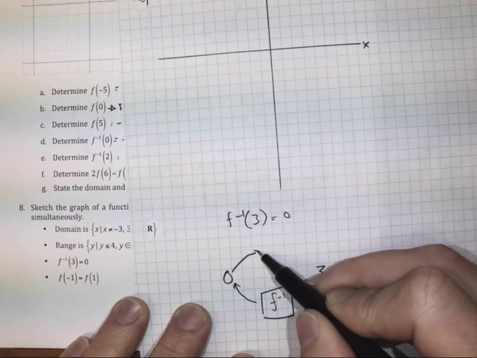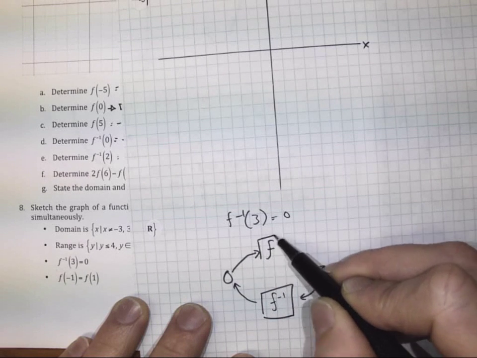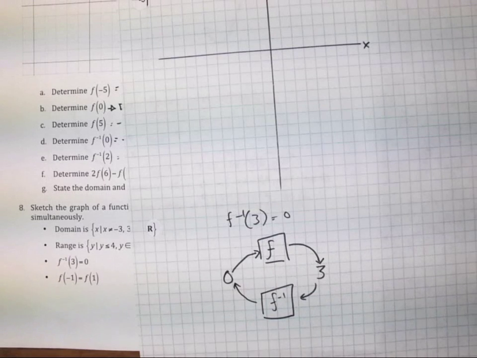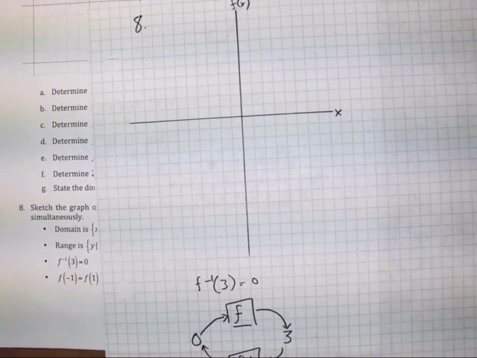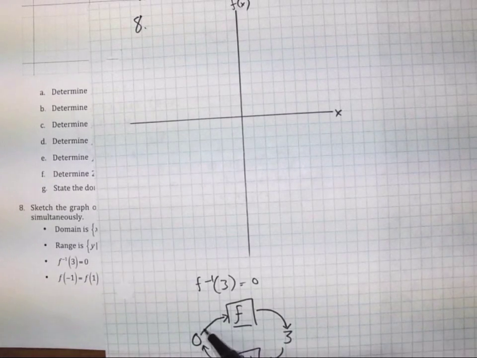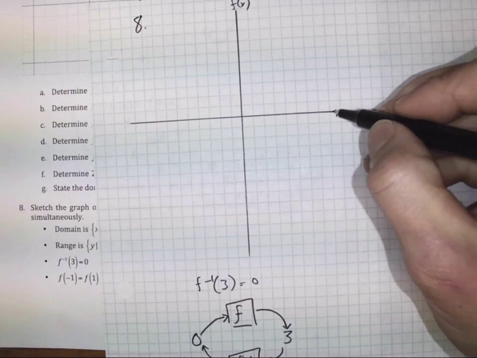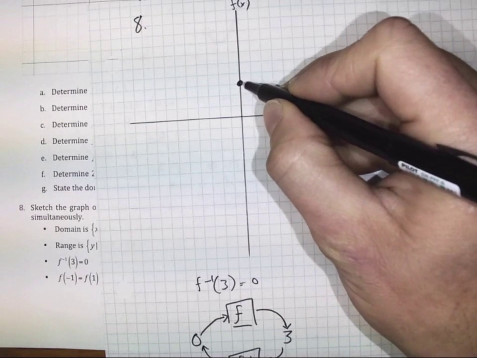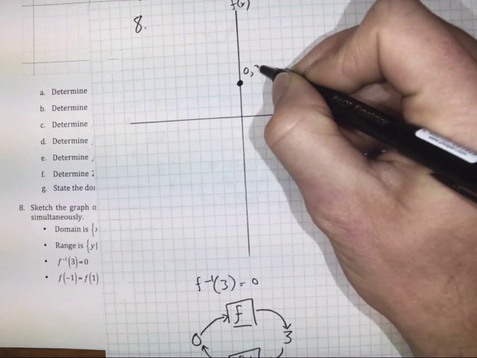I can also conclude that when my input x value of 0 goes into f, I get an output of 3, which is to say x is 0, y is 3. And that's the point (0, 3).